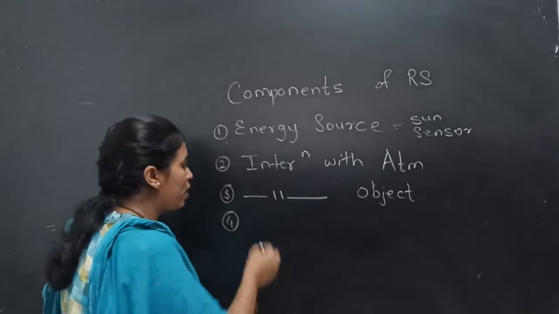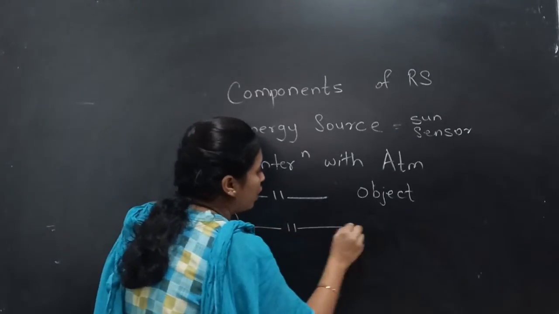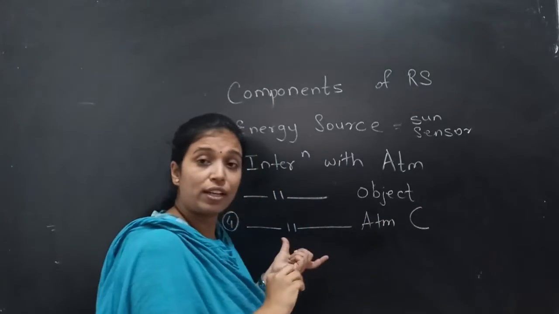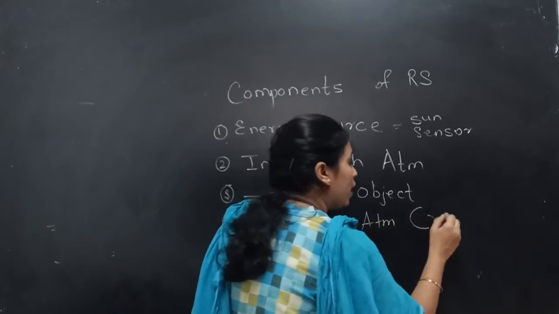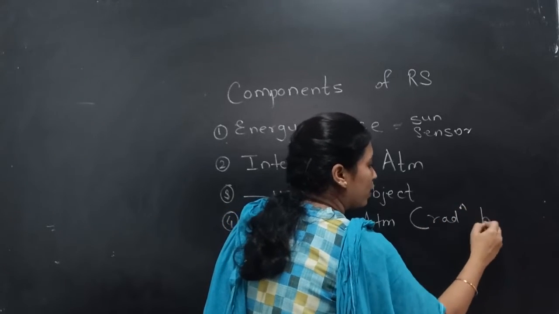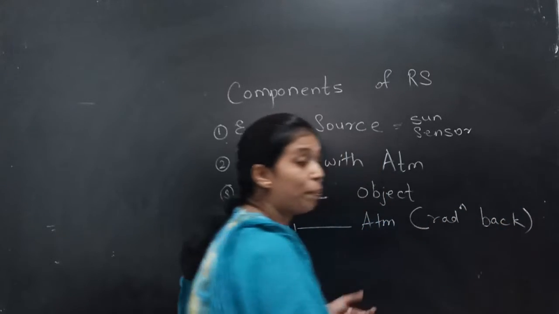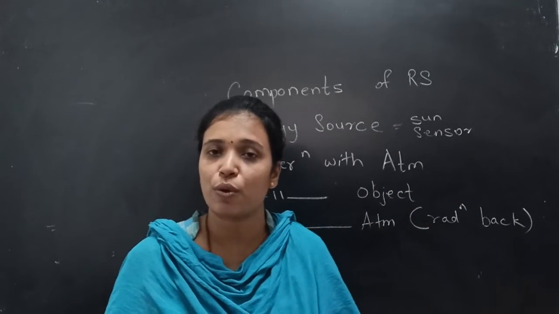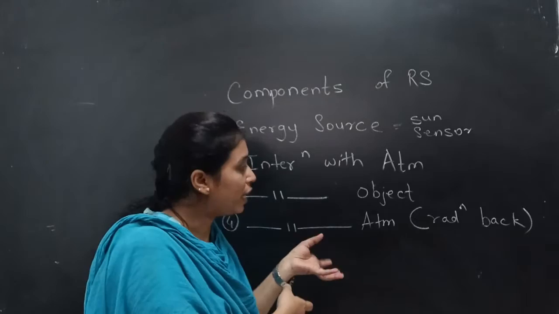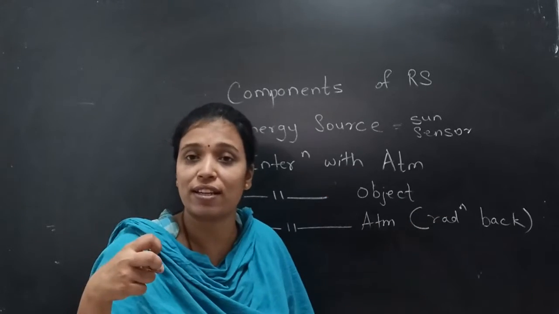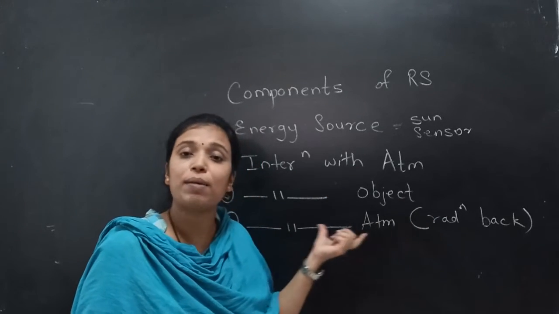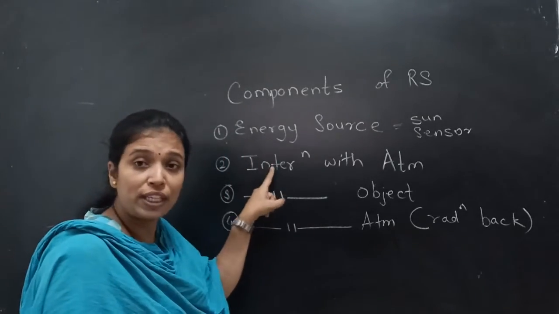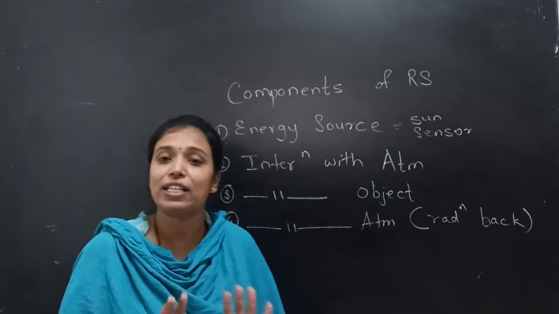Fourth one is interaction with the atmosphere, when the radiation goes back. Radiation is back to the sensor. Once the radiation comes from the natural source, it interacts with the object, and then when it goes back to the sensor, at that time again some interaction takes place with the atmosphere. So when you are studying these three types of interaction, it is nothing different.